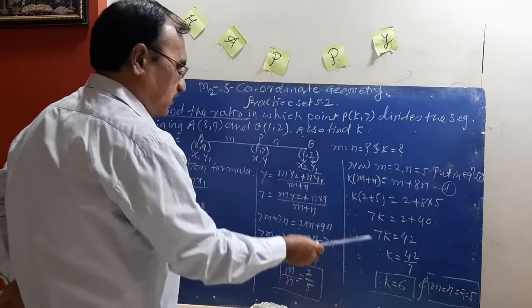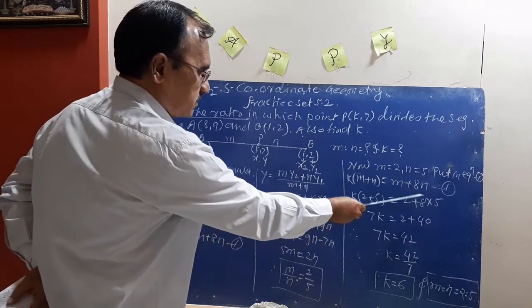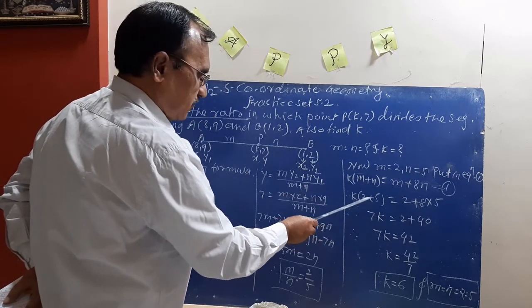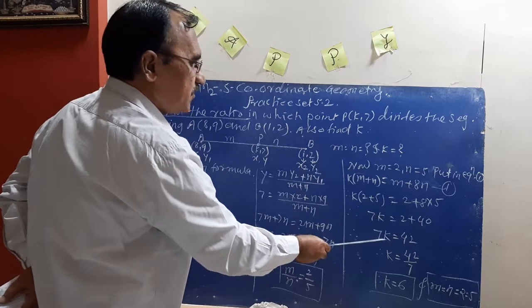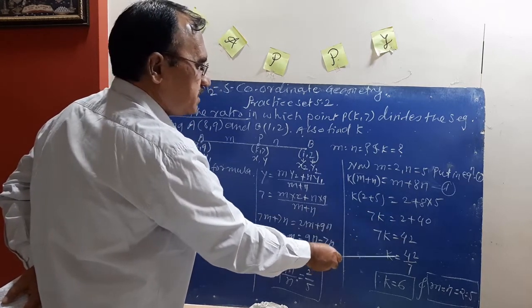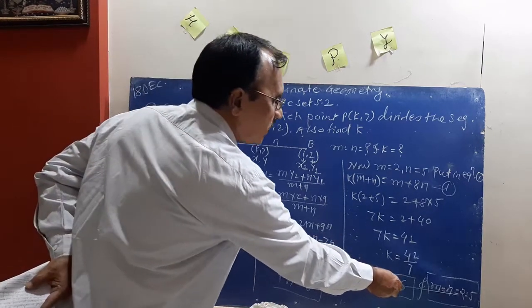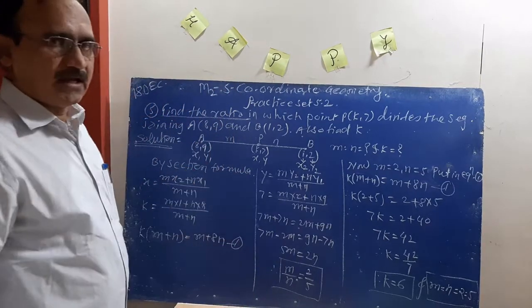Substituting the values, k(2 plus 5) is equal to 2 plus 8 into 5. Then 7k is equal to 2 plus 40, 7k is equal to 42, k is equal to 42 upon 7, and k is equal to 6, and m to n is equal to 2:5. This is the required answer for the given example.